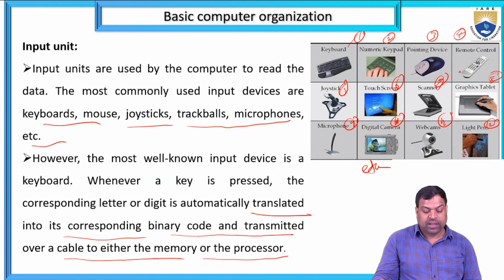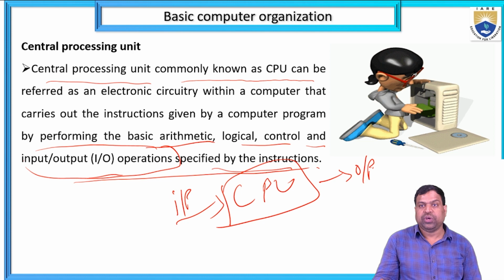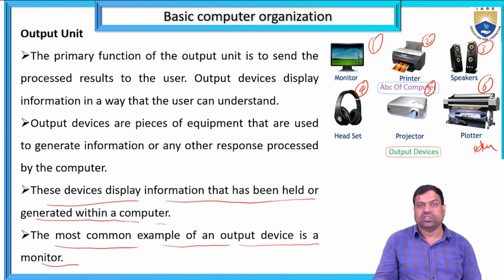These are the input devices, and then the CPU, which is used for arithmetic logical operations and the input output combination. These are the output devices which are connected to the CPU.